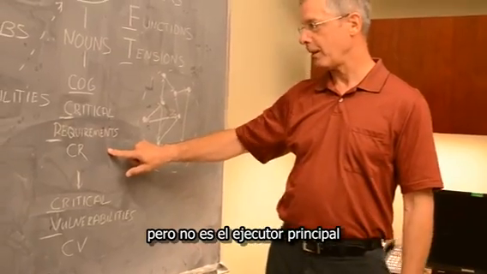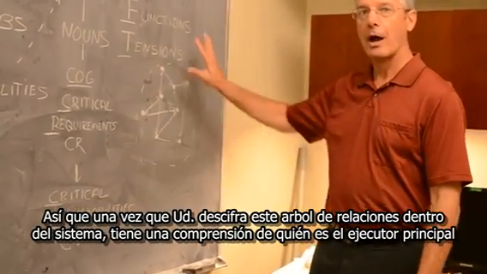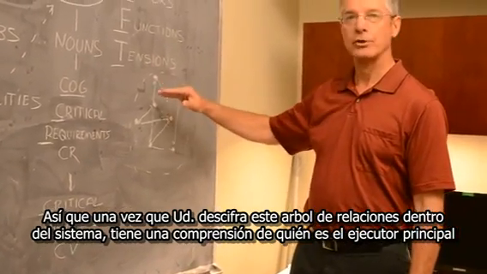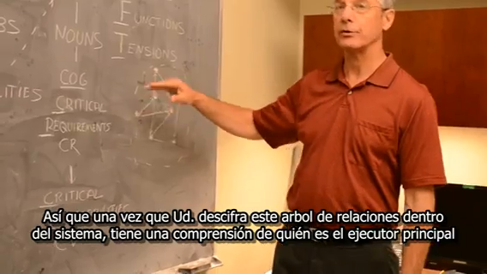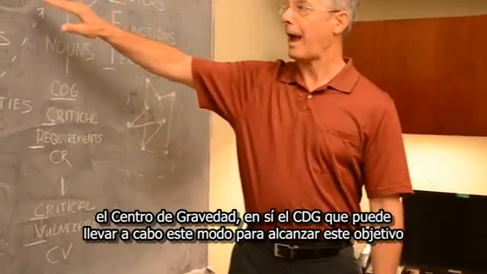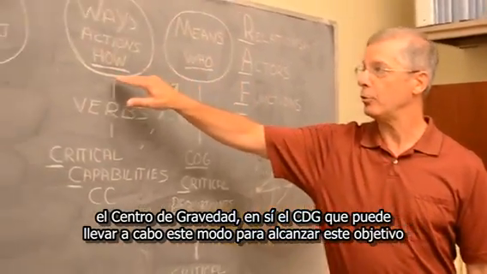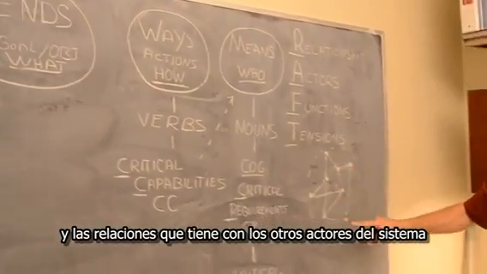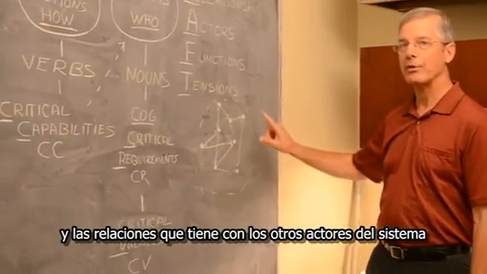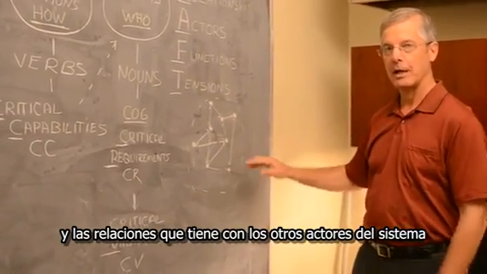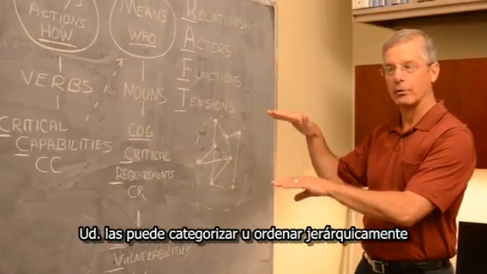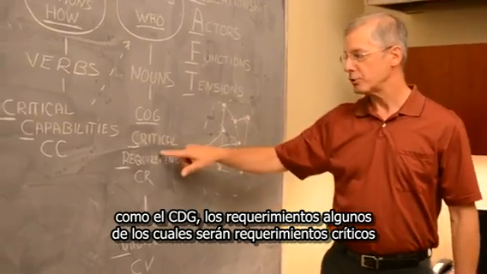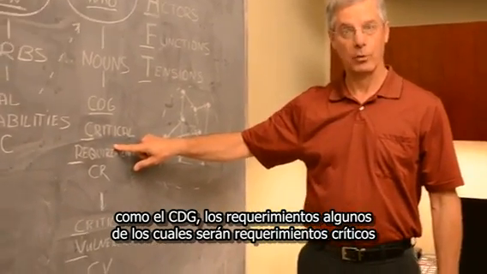So once you sort out this hierarchical relationship within the system, you have an understanding of who the primary doer is, the center of gravity, the one who can actually perform this way to achieve this objective, and the relationships with the other actors in the system, and you can categorize or hierarchically rate them as the center of gravity requirements, some of which may be critical requirements.